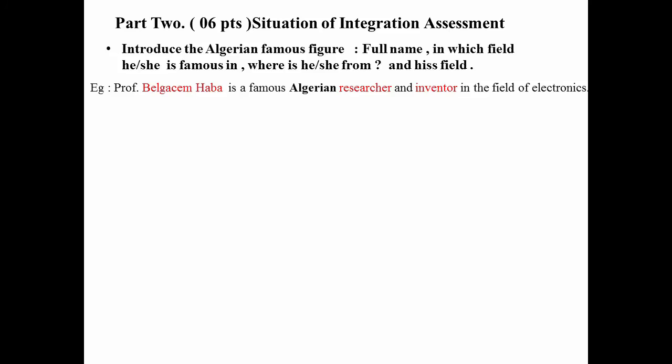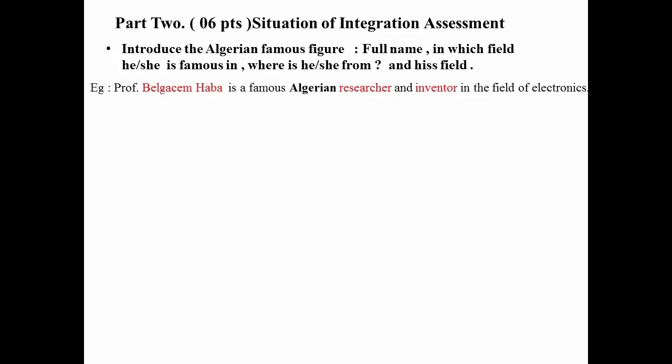So you can write: Professor Belgacem Habba is a famous Algerian researcher and inventor in the field of electronics. This is a simple sentence any pupil can write. You can mention the full name, where he is from, that means his nationality, and what he or she is famous for. He is a researcher and inventor in the field of electronics.